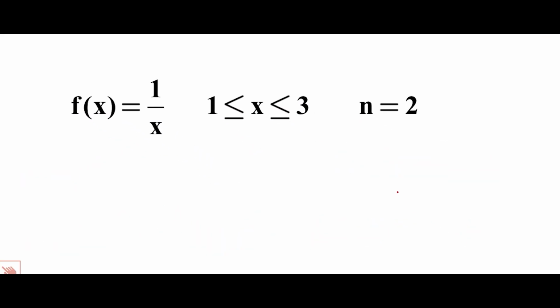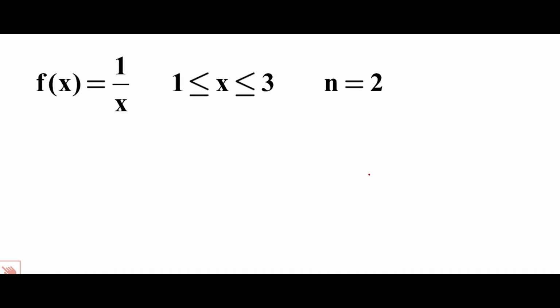Or f of x is 1 over x on the closed interval 1 to 3, let n equals 2. F of x is decreasing on this interval, so we use right endpoints for the lower sum and left endpoints for the upper sum. So we have delta x equals (b minus a) over 2, (3 minus 1) over 2 equals 1.